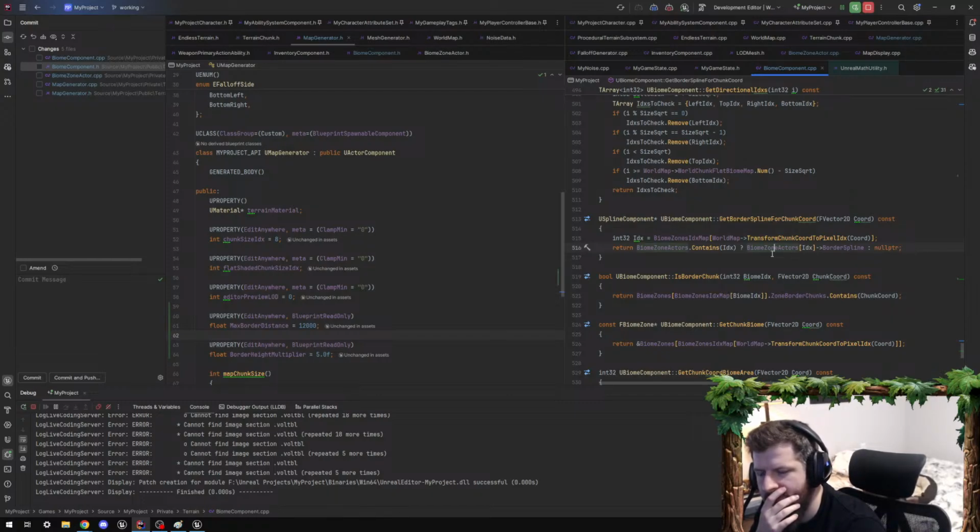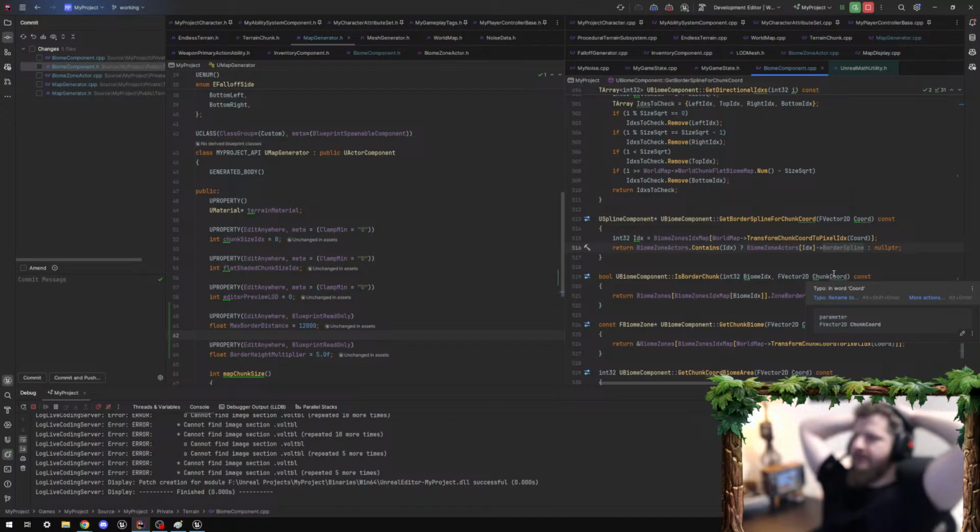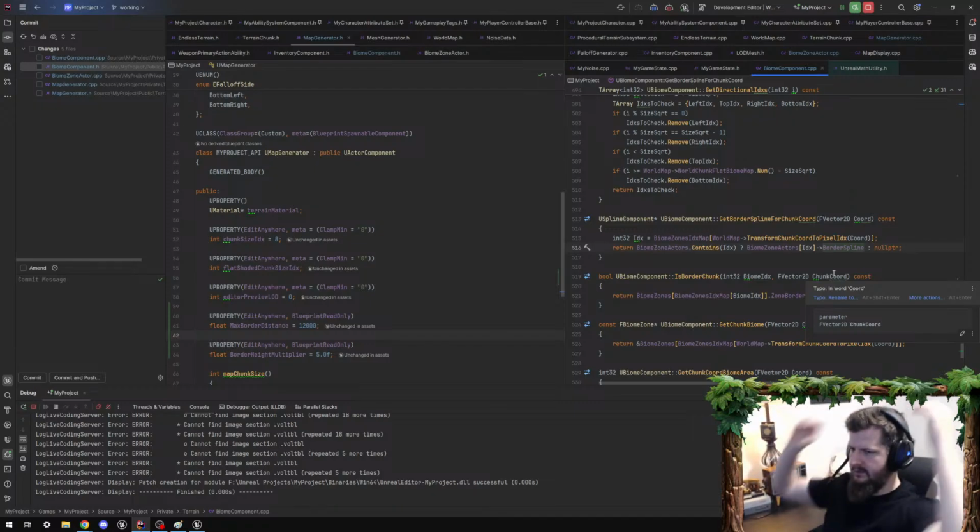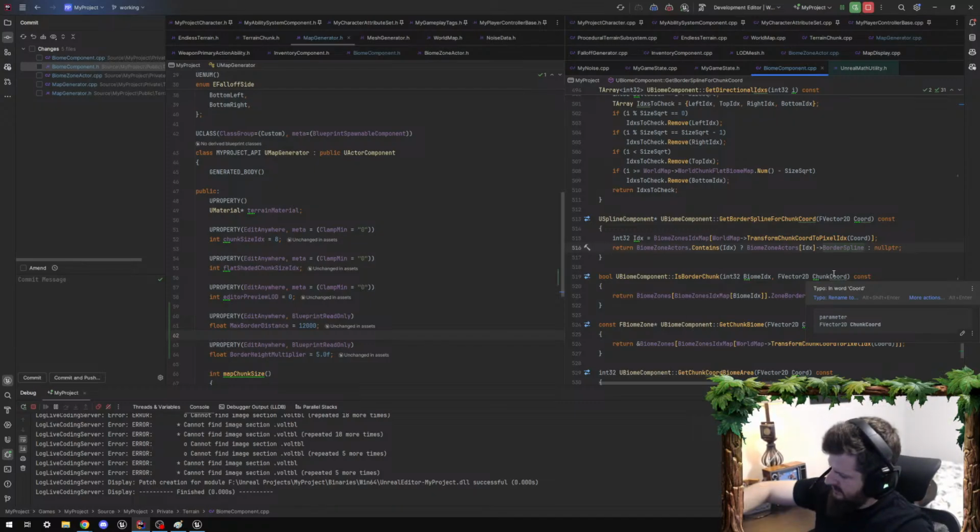So I just get the border spline. That's going to need to change because chunks can have multiple border splines.